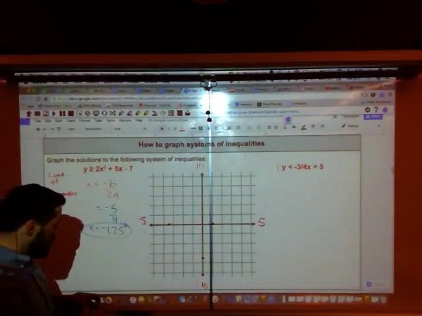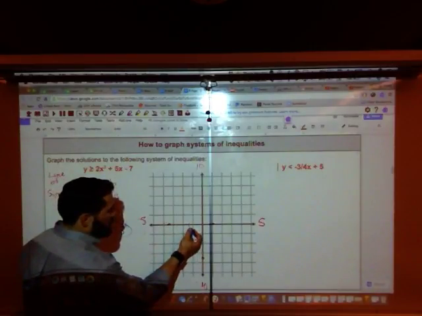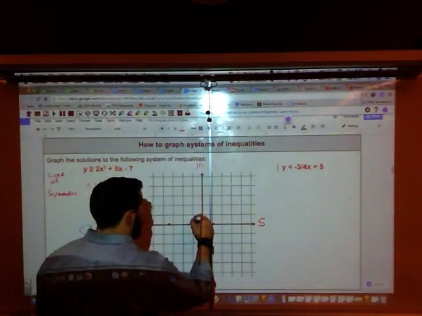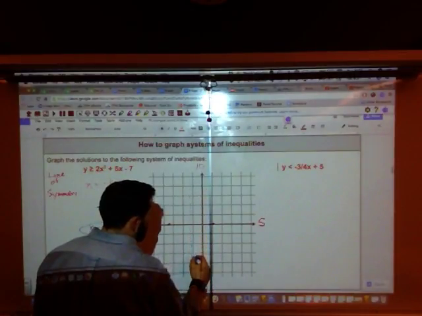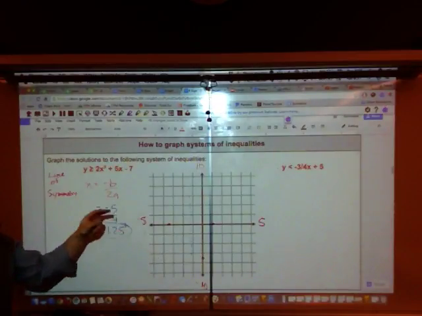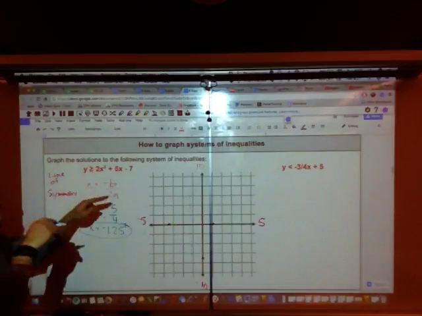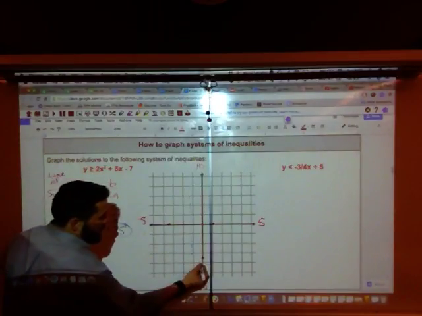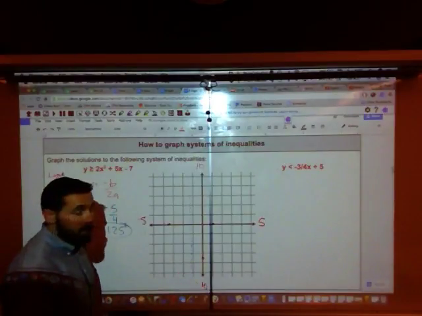So at -1.25, I can expect a line of symmetry. Being that it's a parabola that opens upward, this is going to be my minimum. So I'd expect it to keep coming down here until it hits -1.25.